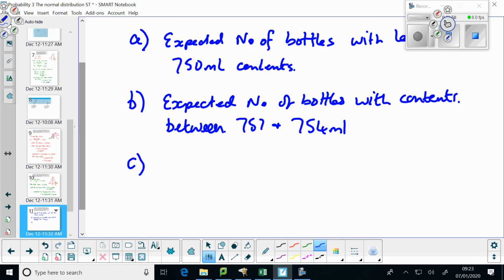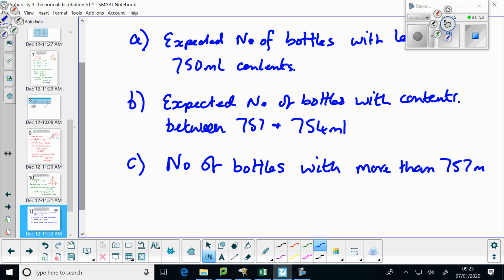C, more than 757 ml. D. Yep. That's 751, that is.